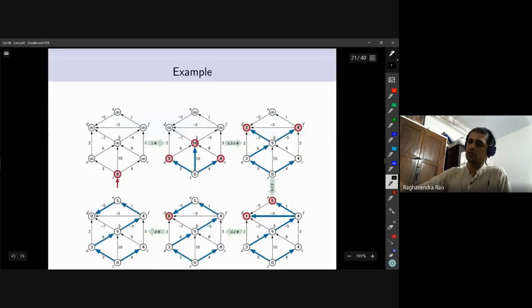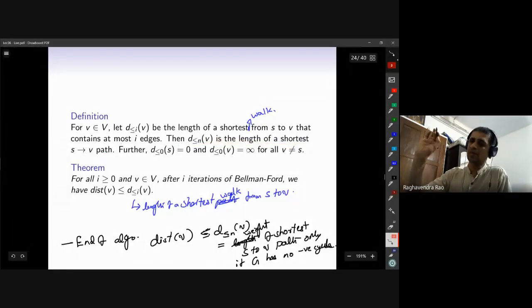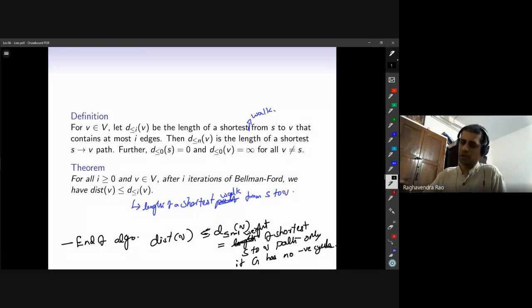Okay, so these two observations. One is here, which I didn't write, that there should not be any negative weight cycle. So this holds only when there is no negative weight cycle. You combine this with this theorem when i equals n. In fact, i equals n minus 1. You don't even need n, because a simple path can have at most n minus 1 edges, not more than that.